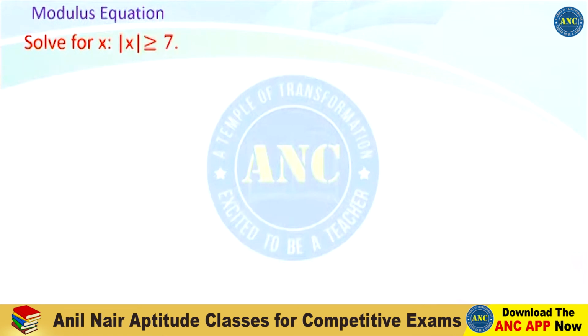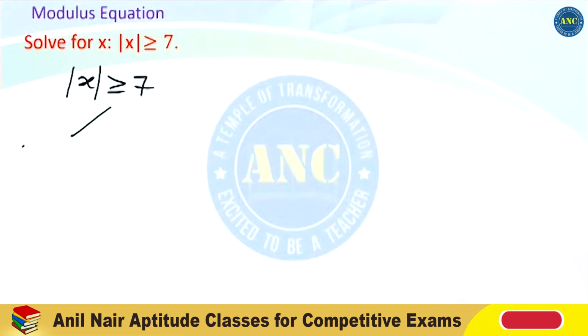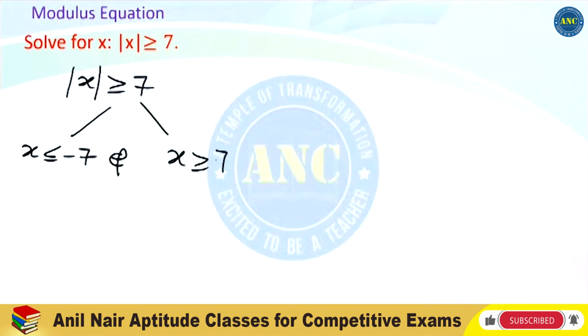9 integral values. Mod x greater than or equivalent to 7. Greater than means x is less than or equivalent to minus 7 and x is greater than or equivalent to 7.